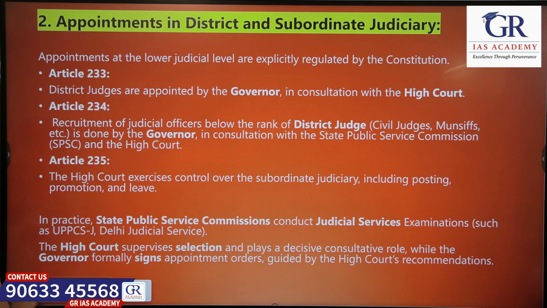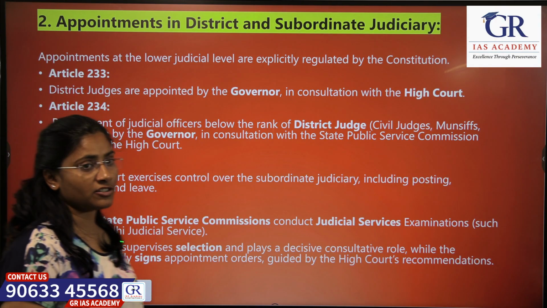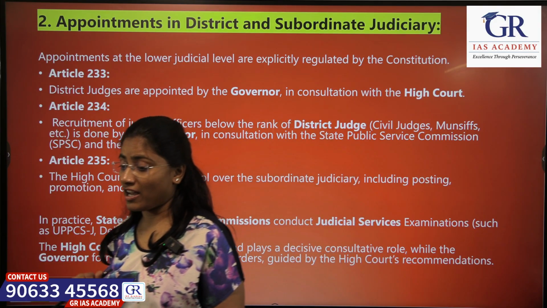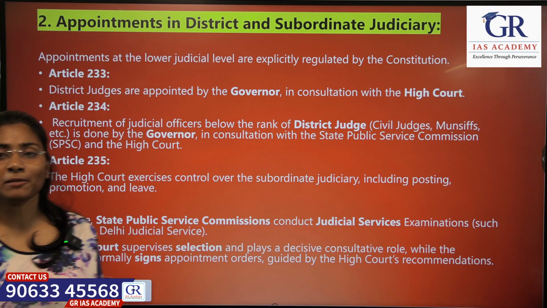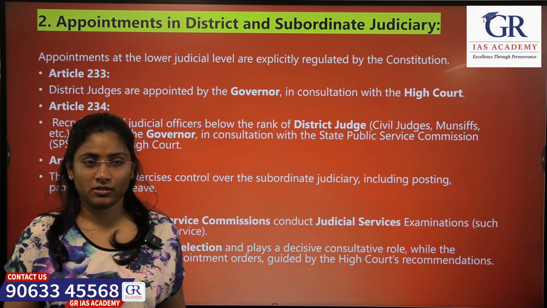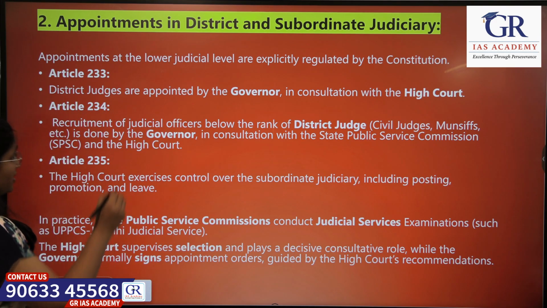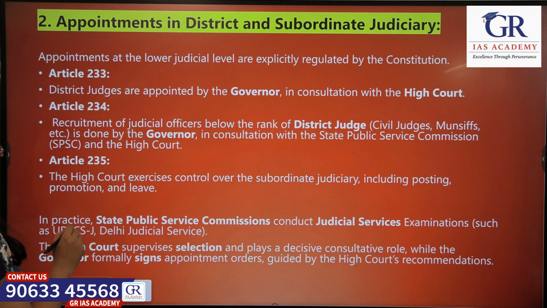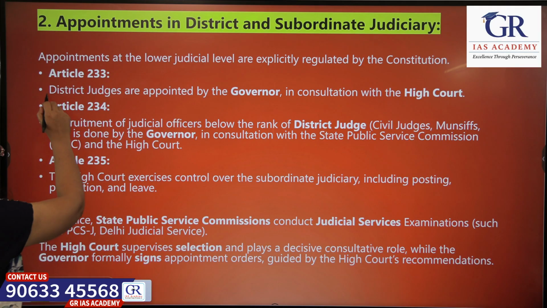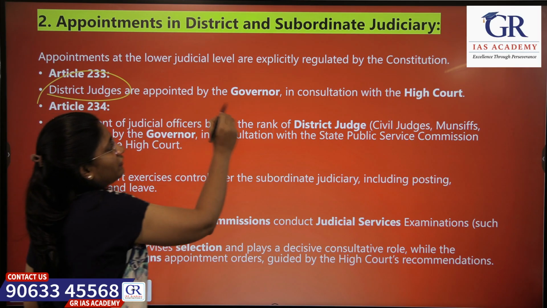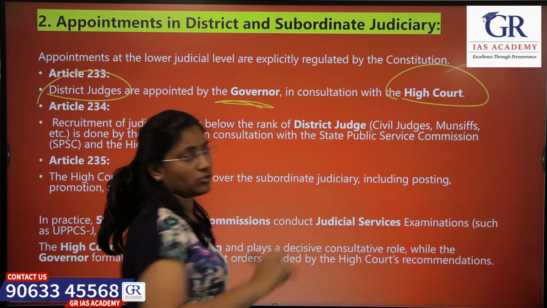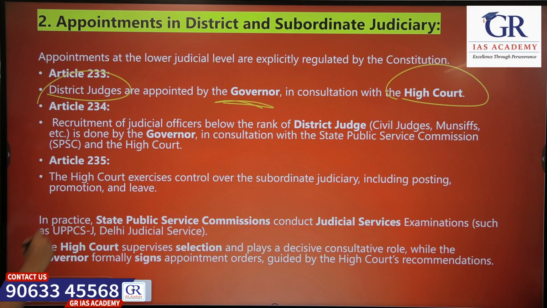Now we have seen the higher judiciary. What about the lower judiciary? The lower judiciary are the actual courts that people are involved with more, so here local and national judges are involved as well. Judges are appointed by the governor in consultation with the High Court. So what about the collegium here?